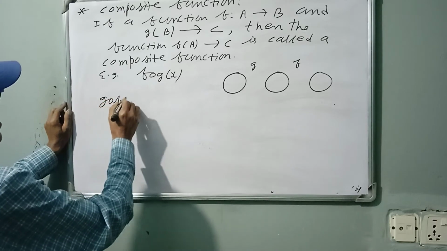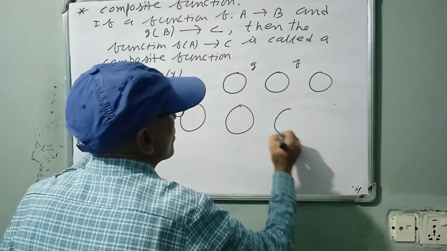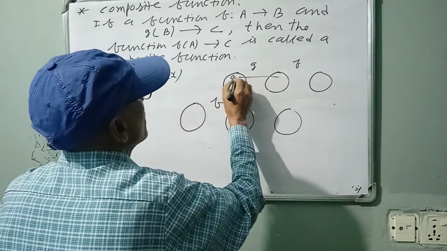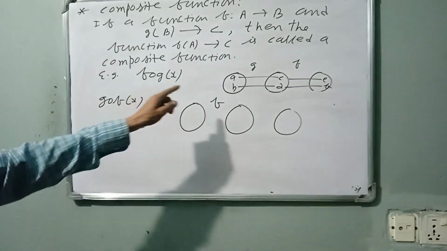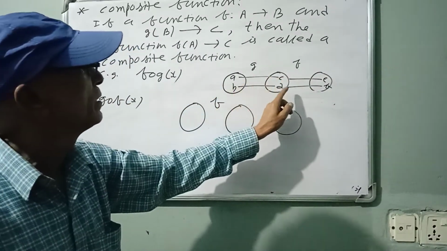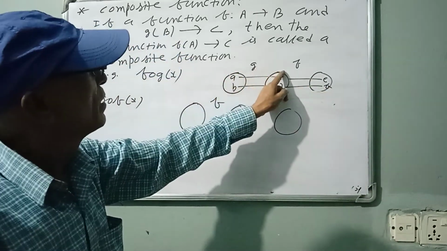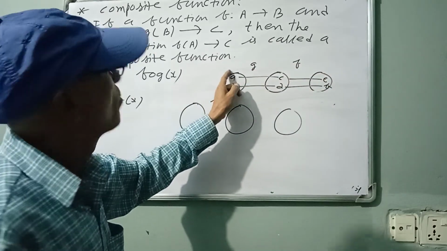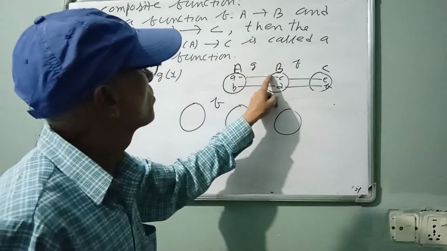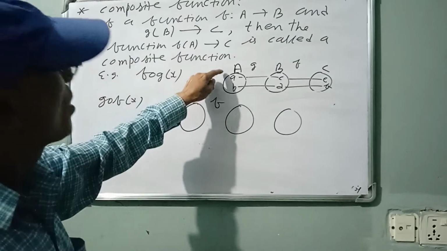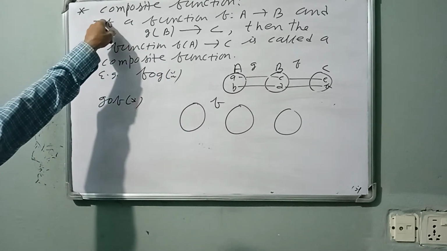Suppose there are A, B, C, D, E, F. A function is from A to B, another function is from B to C. So the function from A to C is called a composite function.